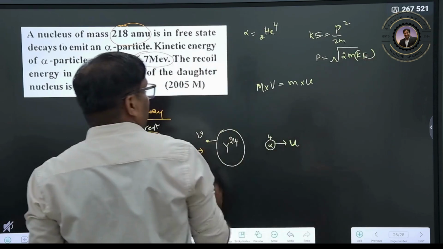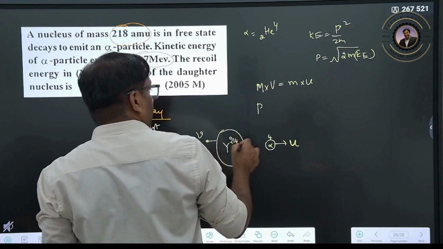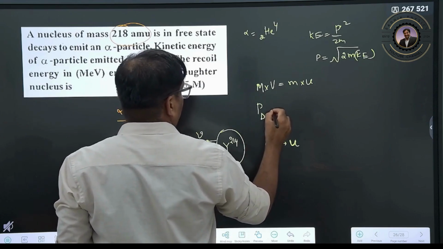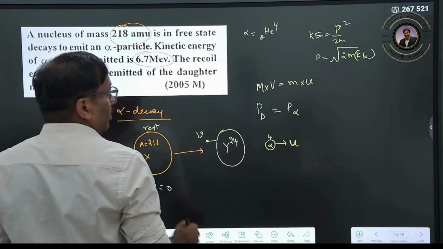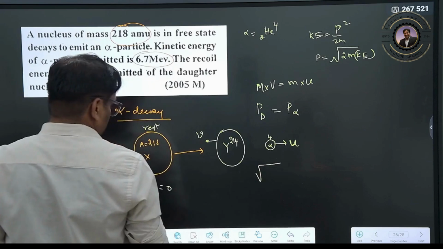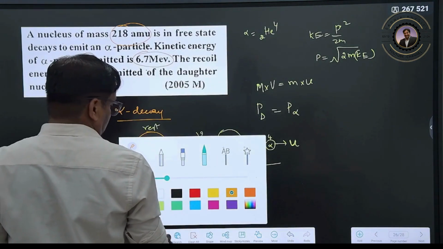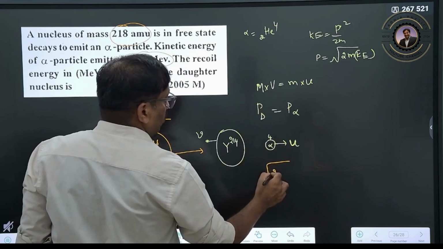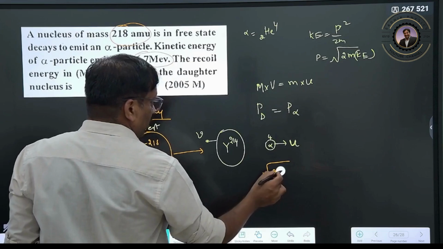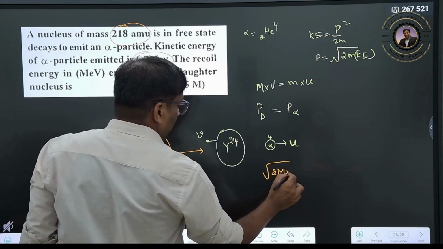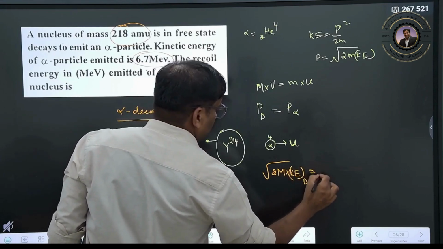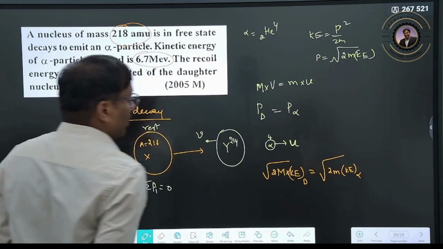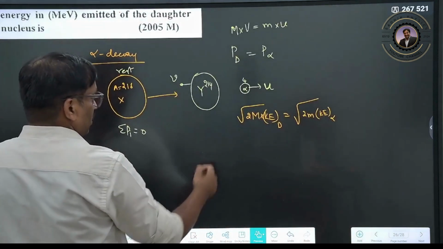The momentum of the heavier daughter nucleus equals the momentum of the alpha. So the square root of 2 capital M into the kinetic energy of the daughter nucleus equals the square root of 2m into the kinetic energy of the alpha. Square it and cancel.